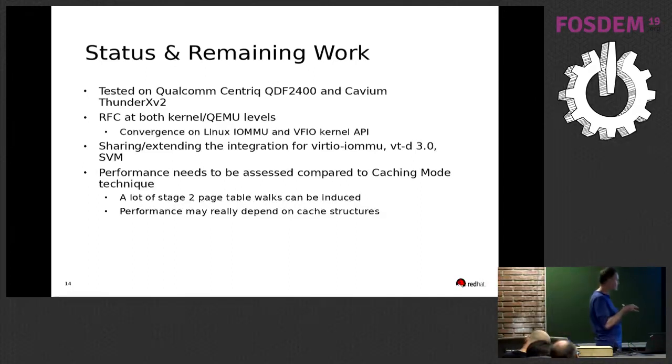I explained we had changes at VFIO and IOMMU level on the kernel side, and the APIs we are defining are supposed to be reused for ARM, for VT-d, for the shared virtual memory use case on Intel and ARM as well, and virtio-iommu. So we need to define APIs that are generic enough to be reused for all those use cases, and it takes time, and we have not reached stability yet.